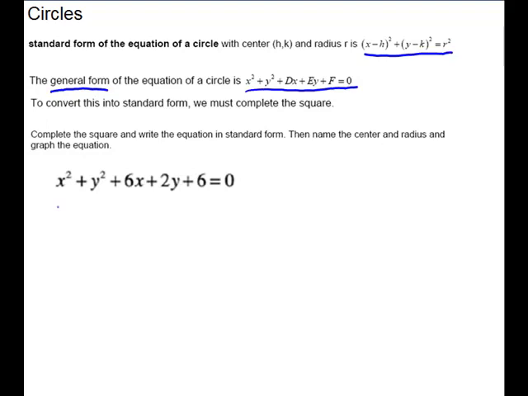So first we will move our x's together. So we have x squared plus 6x. I'm just going to work with that piece and find my magic number to complete that square. We'll put our equals over here somewhere, so I have a 0, and I'm going to move that 6.